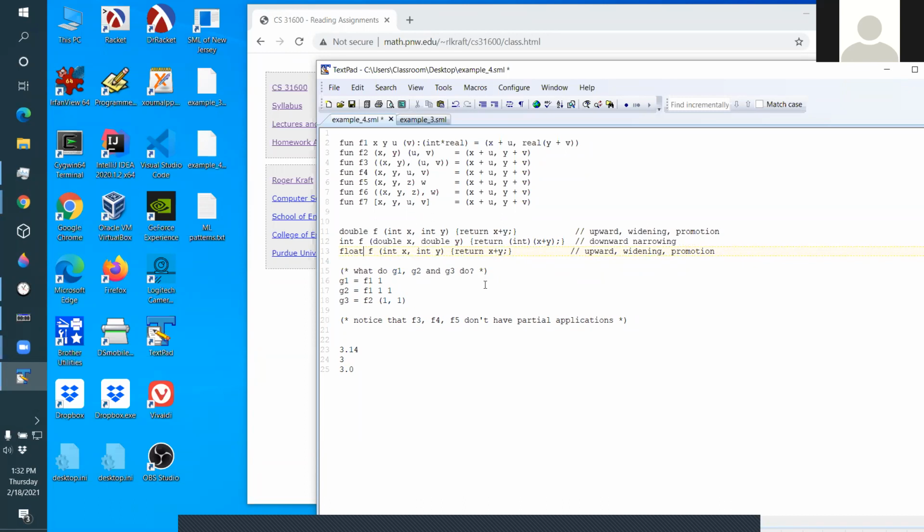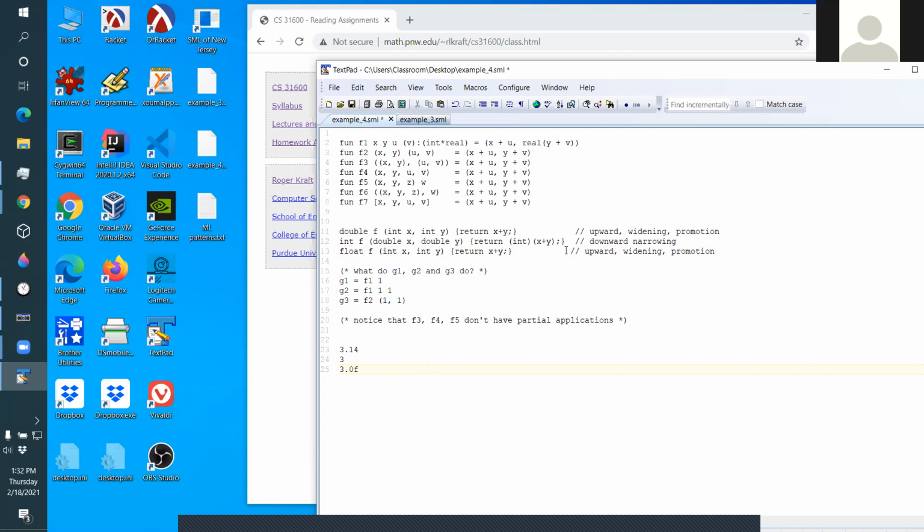This is okay. This is still widening, but notice that this is a 32-bit value and this is a 32-bit value. It's called widening, but there is no widening of the data type. You're going from one 32-bit data type to another 32-bit data type, from 32-bit int to 32-bit float, and there's no information being added.